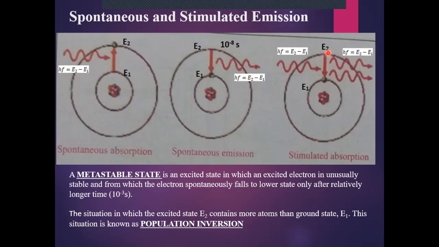In this phenomenon, if the electron is in its excited state E2 and during this time a photon whose energy is equal to E2 minus E1 falls on it, then this incident photon stimulates or forces the atom to go back to its ground state earlier, and as a result, two photons are produced having the same energy and same direction, that is E2 minus E1. This phenomenon is known as stimulated emission.